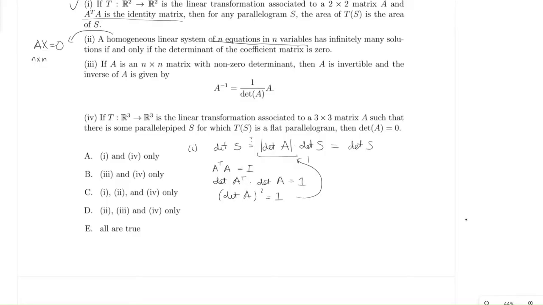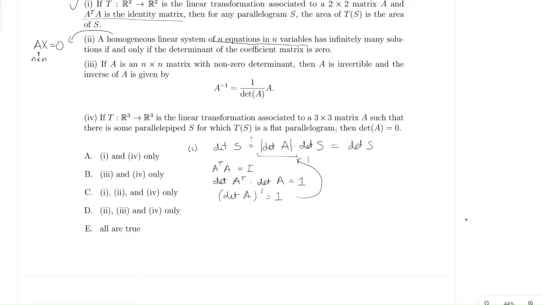So because this is a square matrix that we're dealing with, we have the property that if the determinant is non-zero and it's a square matrix, the coefficient matrix is invertible. And if an invertible matrix exists, then you will have a unique solution for every variable, which means that you will not have infinitely many solutions.